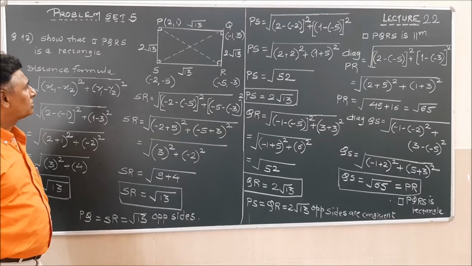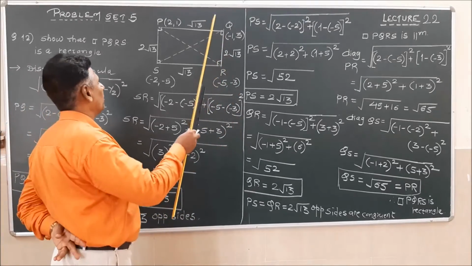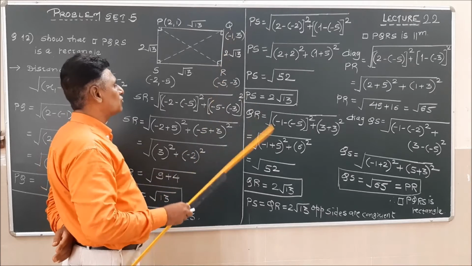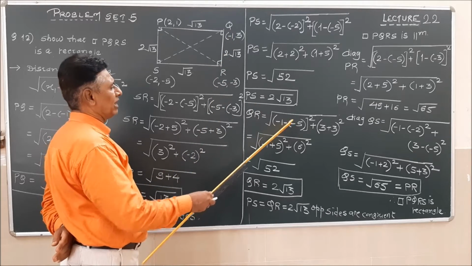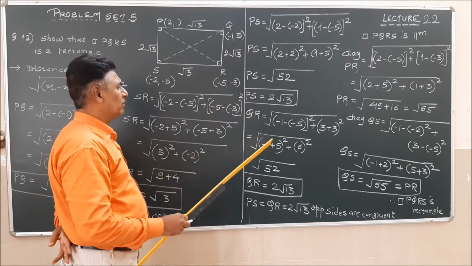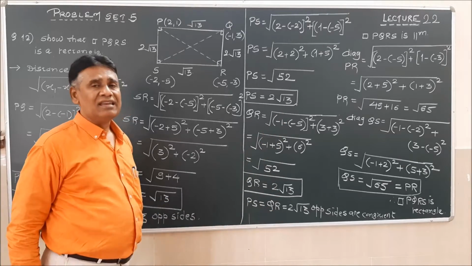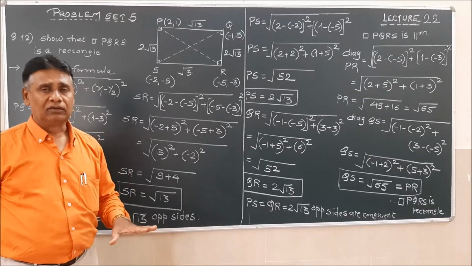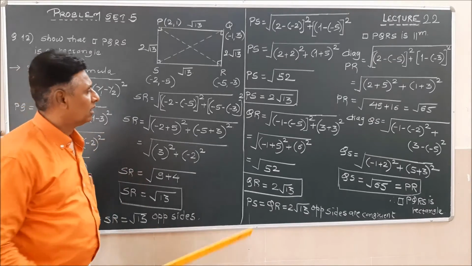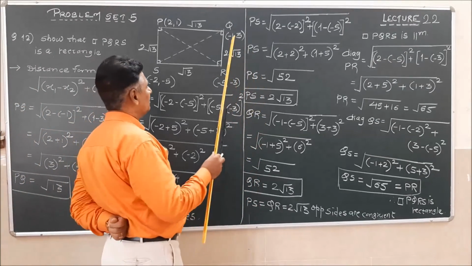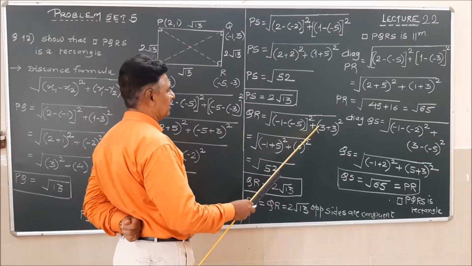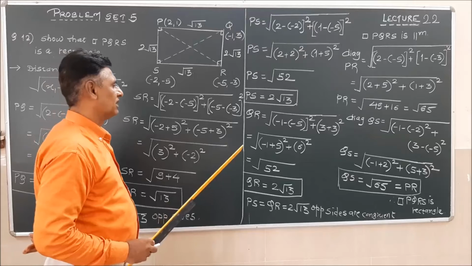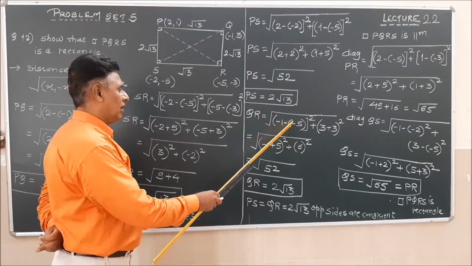Now let's find the other opposite side of PS, which is QR. QR is equal to minus 1 minus of minus 5. You have to be very particular when the next coordinate is minus. If you do not place brackets, you are going to go wrong. Next is 3 minus of minus 3, that will give you 3 plus 3, that is 6 square.